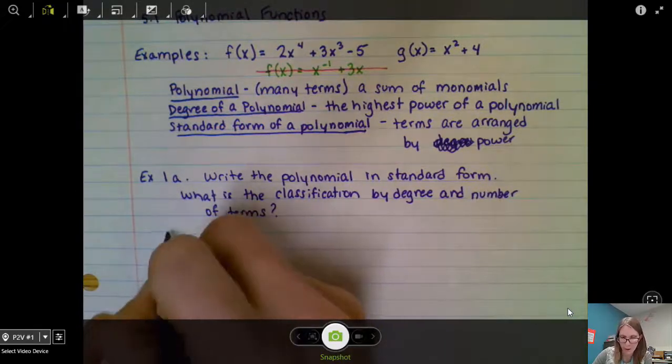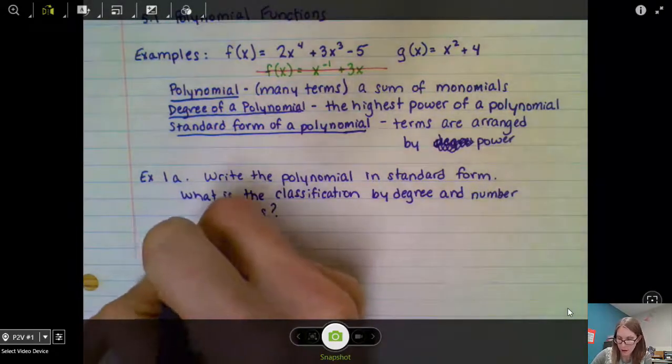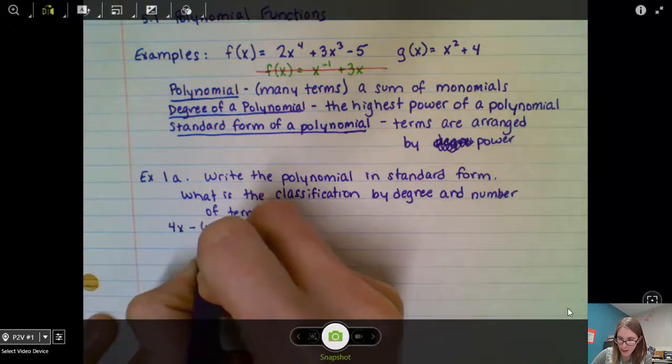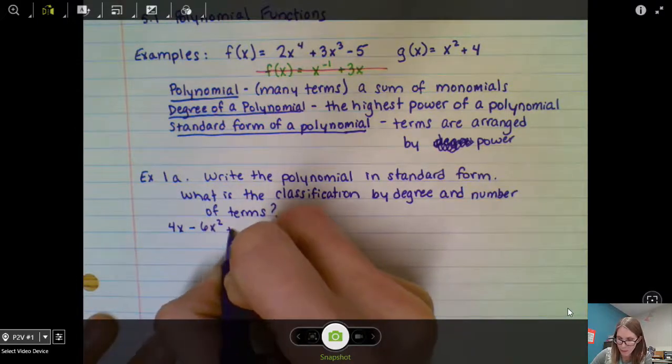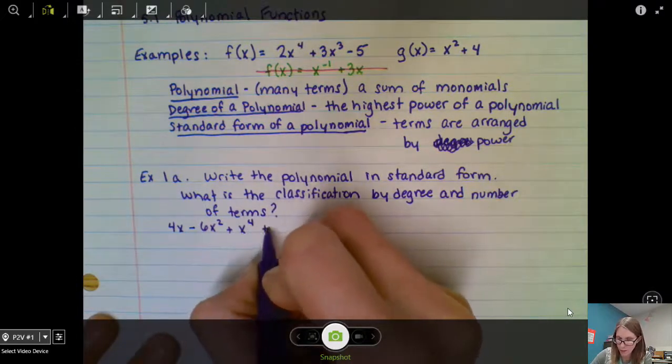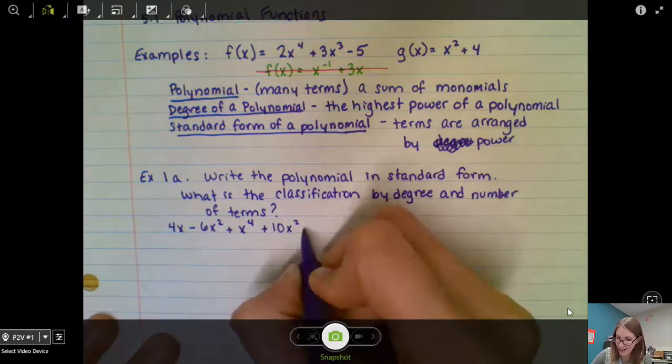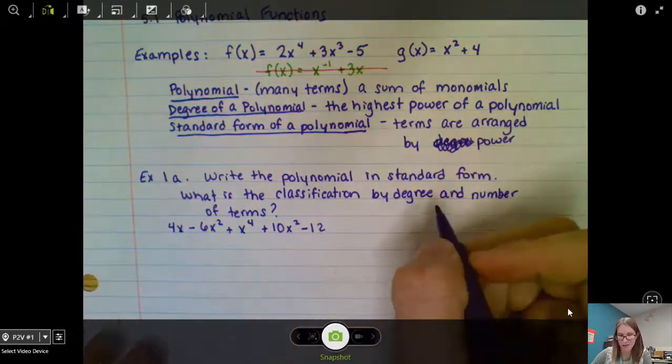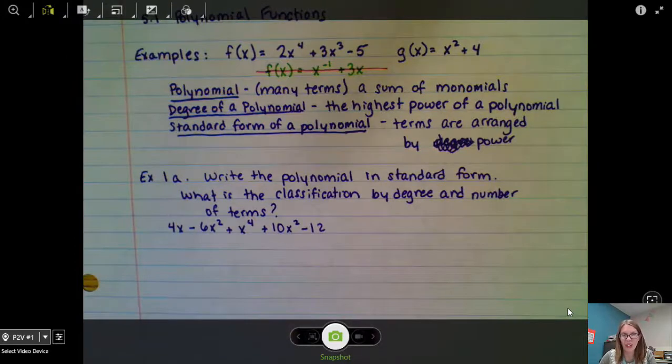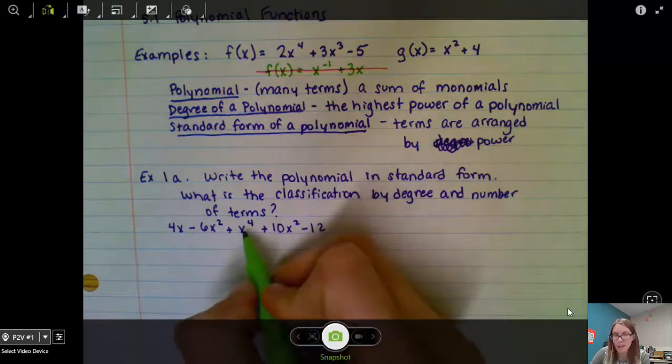Okay, so right here, my first problem that I'll show you. If I have 4x minus 6x squared plus x to the fourth plus 10x squared minus 12. Let's figure out first, what is my degree? Okay, I want to look and see what is my highest power. And the highest power that we see is this term right here, the 4.